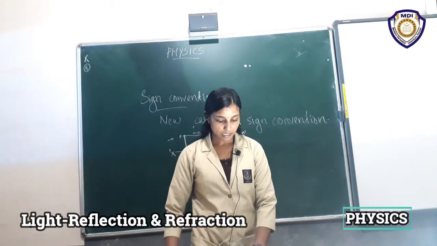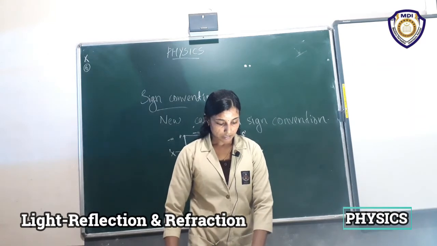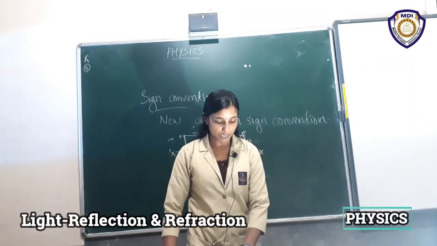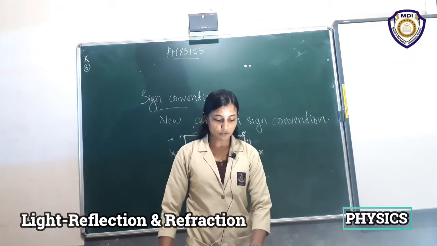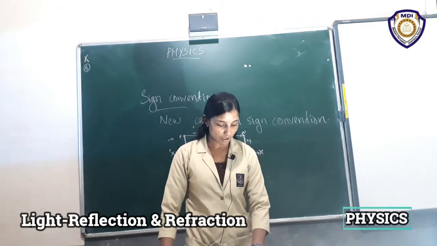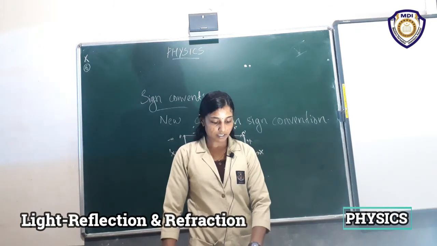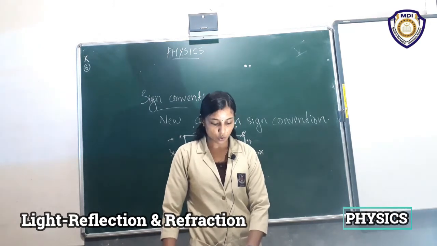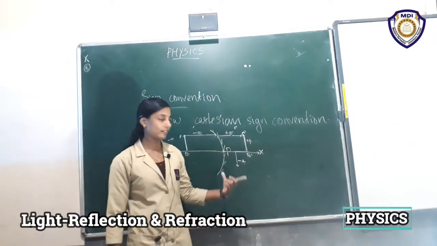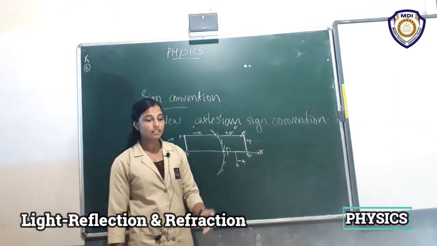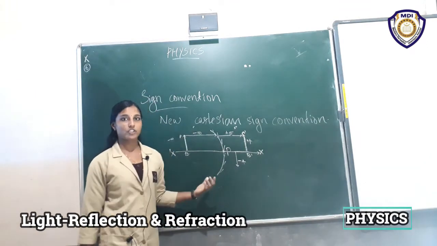That means distances measured perpendicular to and above the principal axis along positive y-axis are taken as positive, and distances measured perpendicular to and below the principal axis are taken as negative. These are the sign conventions.